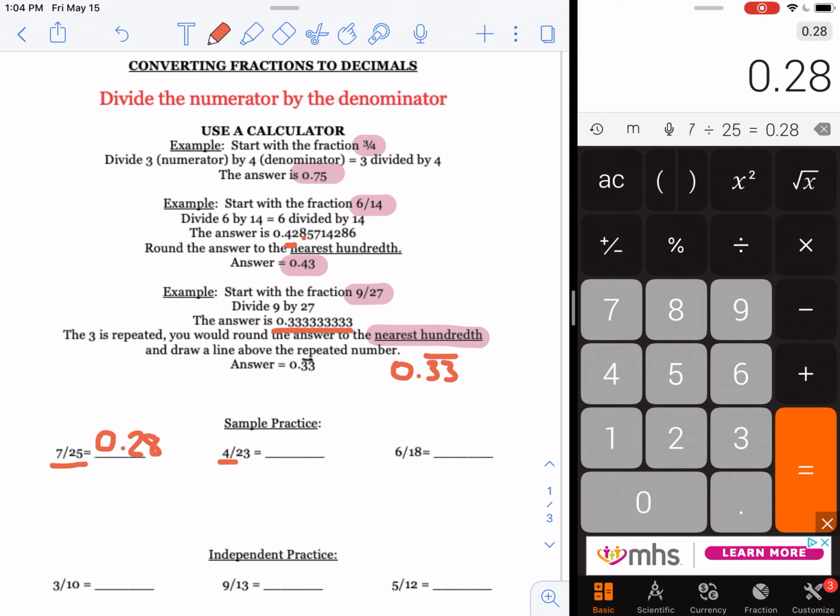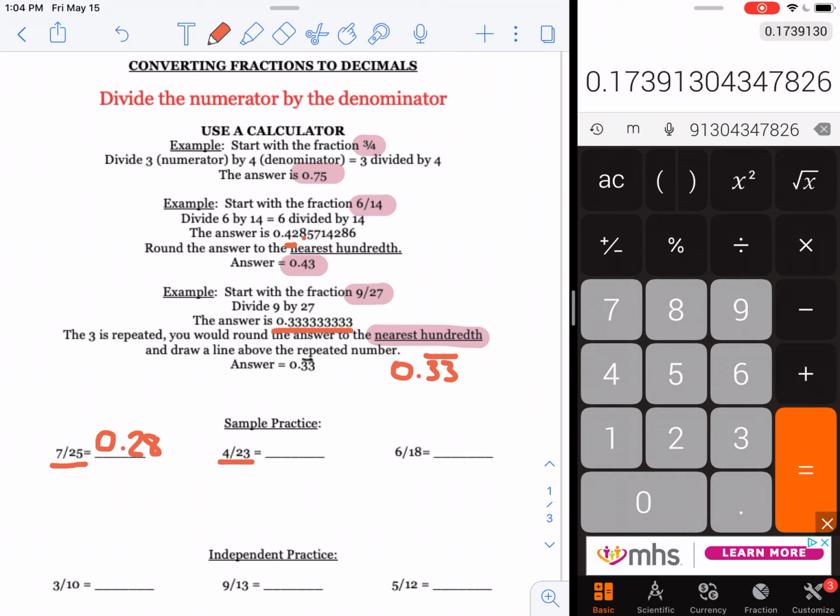The second practice problem we're going to do here is 4/23. Again, top number divided by bottom number. So 4 divided by 23. Again, we have a nice long number. We're going to just take that and round it to the hundredths place. If we look at our answer, we have 0.173. So we just want 2 numbers after the decimal.